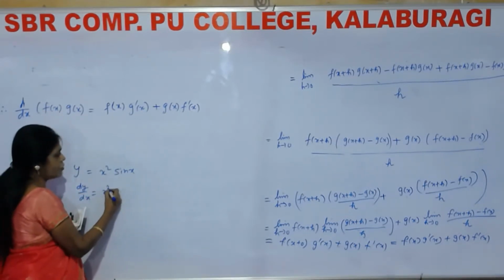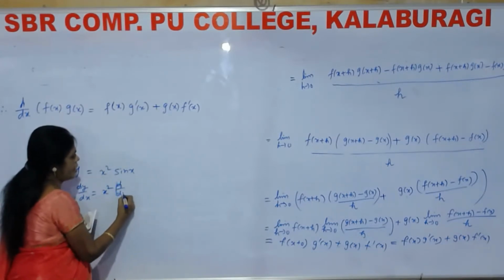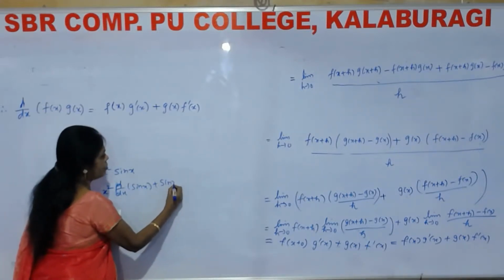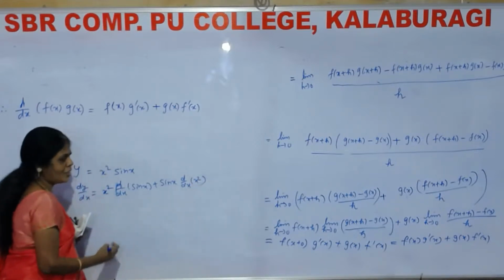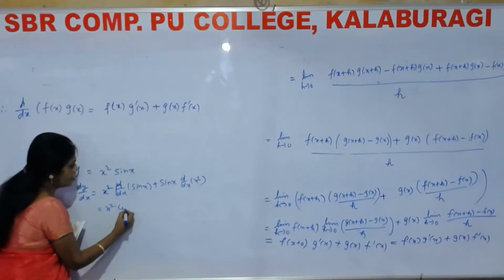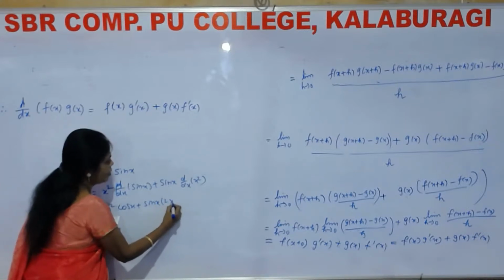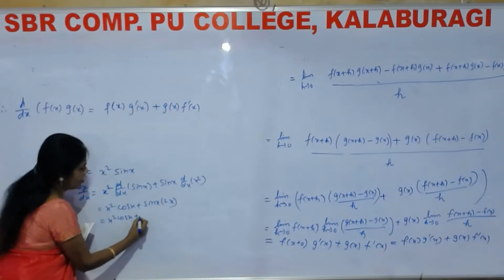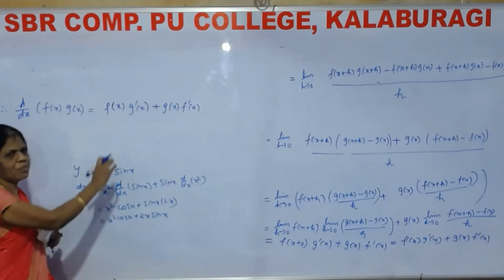Keep the first term same and differentiate the second, d by dx of sin x, plus keep the second term same and d by dx of the first. So x square times differentiation of sin x plus sin x times differentiation of x square. That is nothing but x square cos x plus 2x sin x. Right? So that is the product.